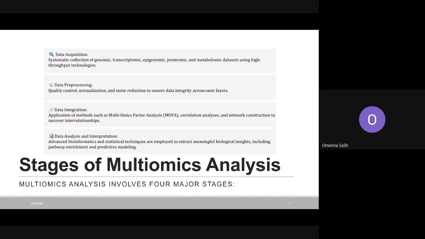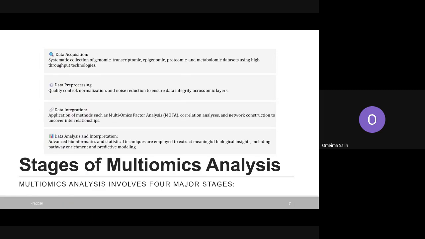And then after data acquisition, you have data pre-processing. That means you are making control checkpoints for your data, and then normalization and noise reduction.